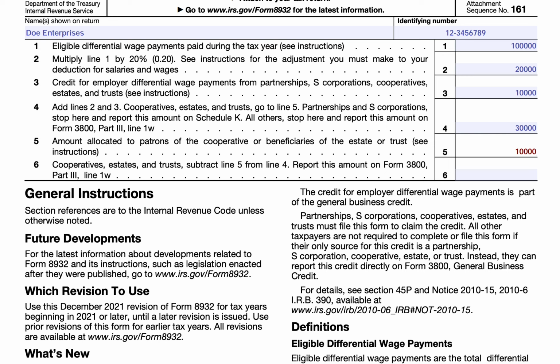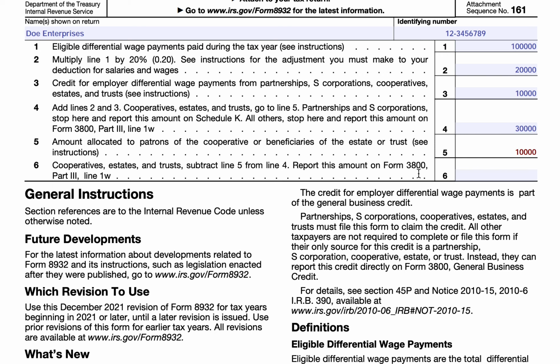So you would need to enter the beneficiary share here, but on each of their K-1s, you would need to make sure that each beneficiary receives the tax credit in proportion to the amount of income that they're entitled to. And if passive activity rules apply, you might need to file IRS Form 8582-CR, which is the tax form to help you calculate passive activity credit limitations.